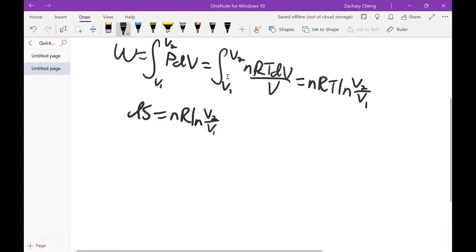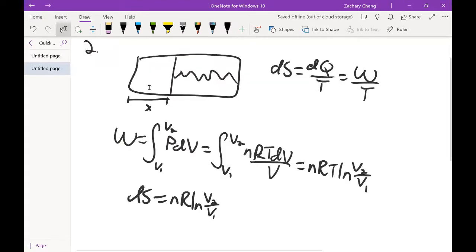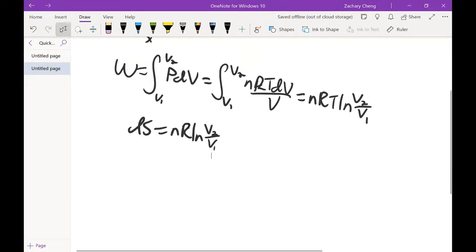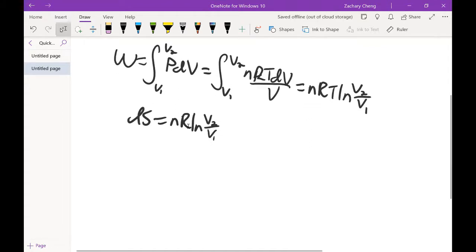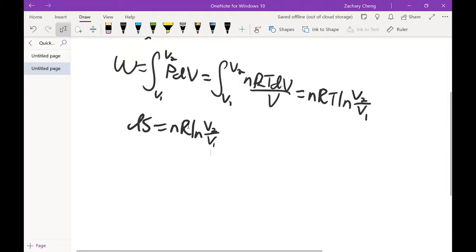Okay, so now if we move the piston to the right a bit, so that x increases, then the volume of the gas will increase by, say, dV.